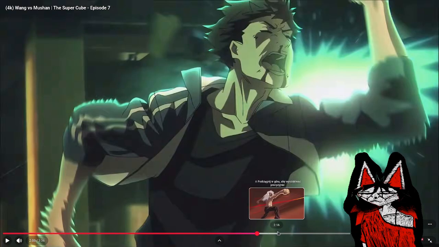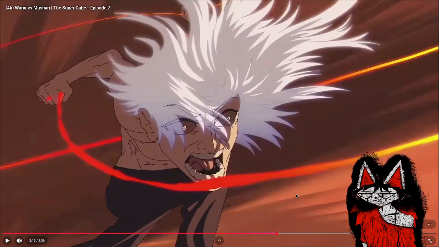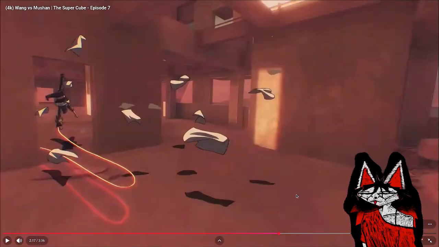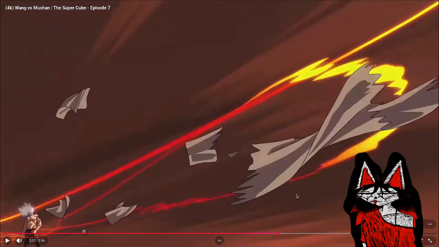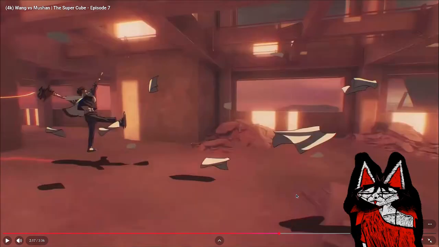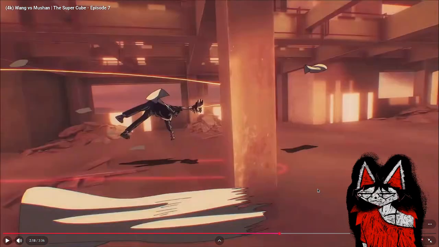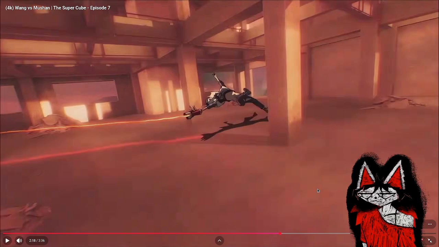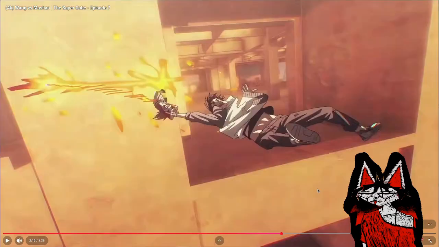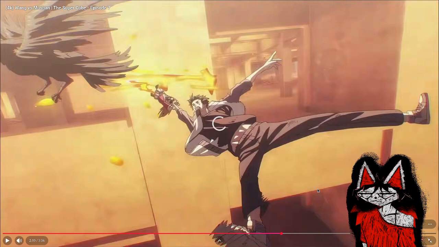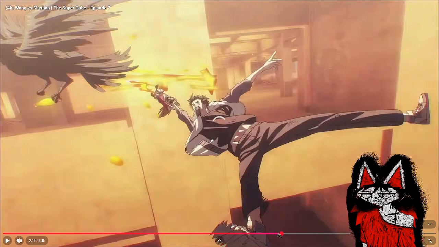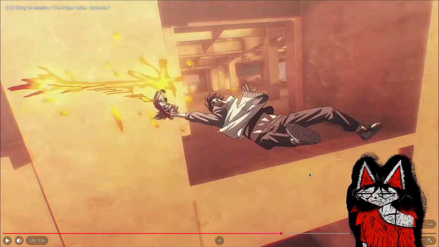Okay, basically, he uses this string on what I assume is the main protagonist, and the protagonist is sent flying. You know, he's dragged by that string, and there's this one really cool detail that I really like, that I think is cool, and I just wanted to show it.